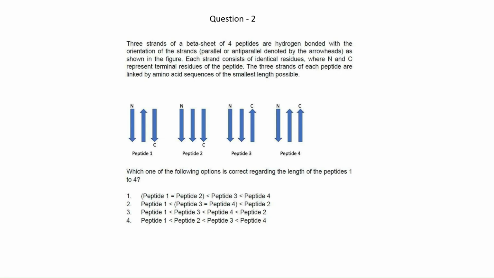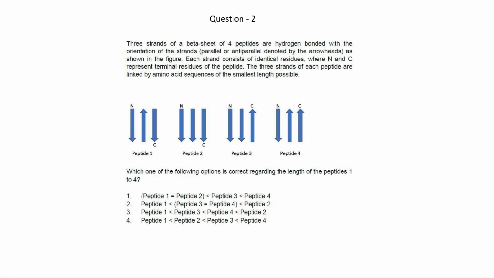So we have to arrange all the 4 peptides in the increasing order of the length. So our first option is peptide 1 and 2 are of equal length, peptide 3 is longer and peptide 4 is longest. Option 2 is peptide 1 is the smallest, peptide 3 and 4 are of equal length but longer than peptide 1 and peptide 2 is the longest.